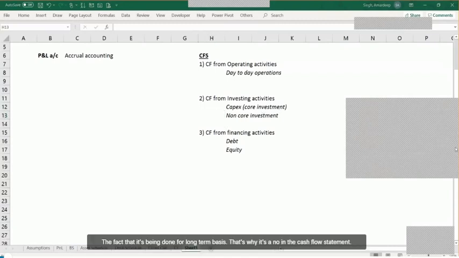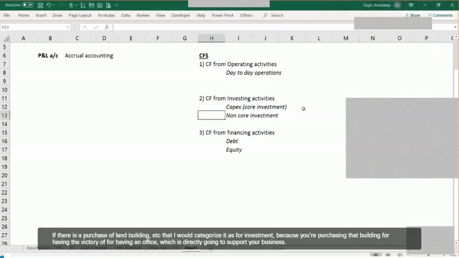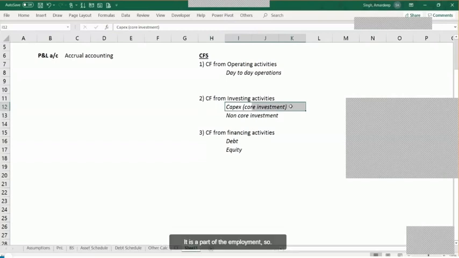That's why it's a non-core investment. So in the cash flow statement, if there is a purchase of land, building, office, etc., I would categorize that as core investment, because you're purchasing that building for having a factory or an office, which is directly going to support your business operation. So it is a part of your core investment.